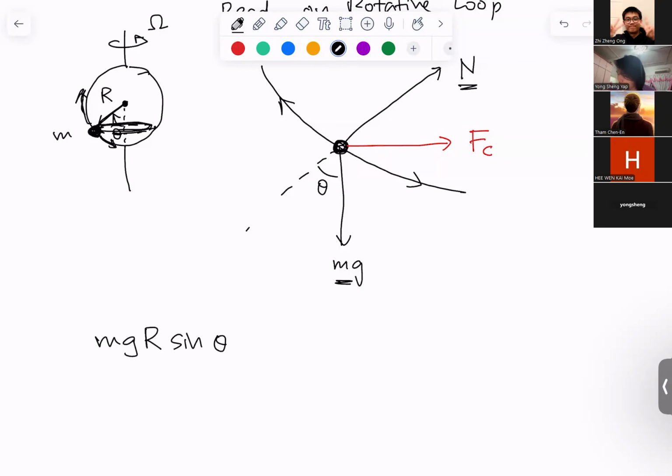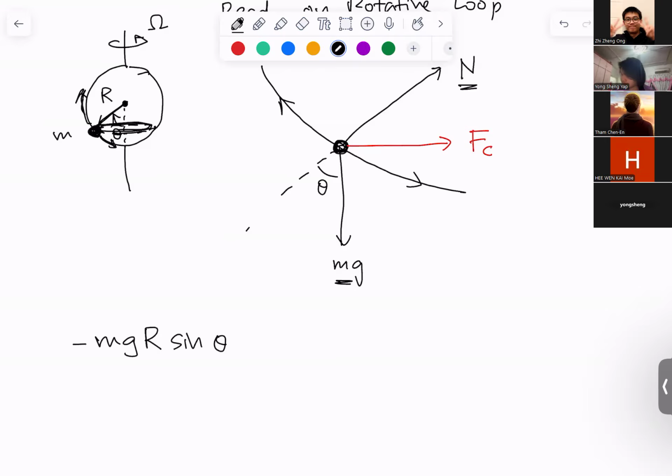This torque is what allows the weight, if you let it go, to move the bead down the hoop. So it is a torque that moves it toward negative thetas, so we have a minus sign in front.